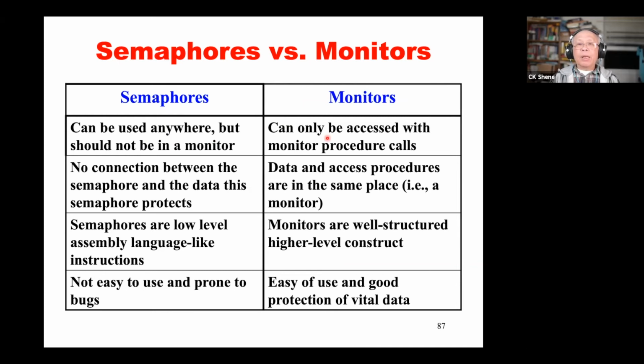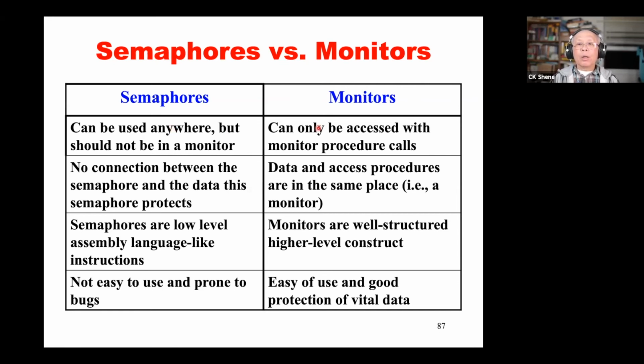Now, there is a consequence. Many people believe semaphores can be more efficient than monitors. They have their point well taken. With semaphores, as long as you want to use them, you just put the wait and the signal here and there. That is it.